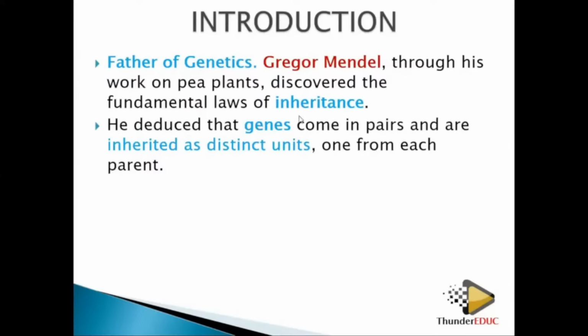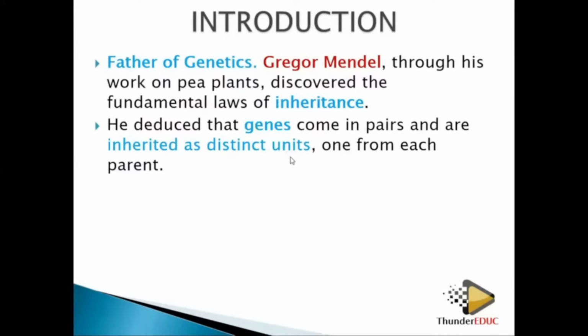A character like height, size, skin color is being controlled by two kinds of genes. So they come in pairs and are inherited as distinct units.